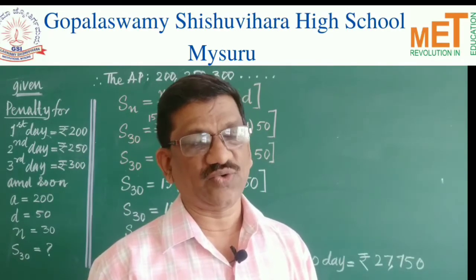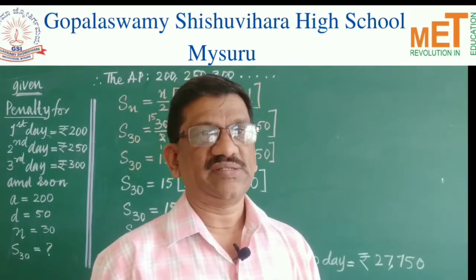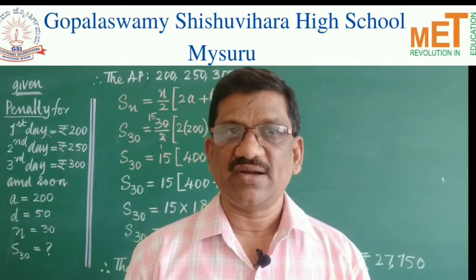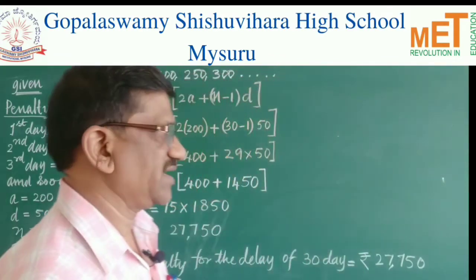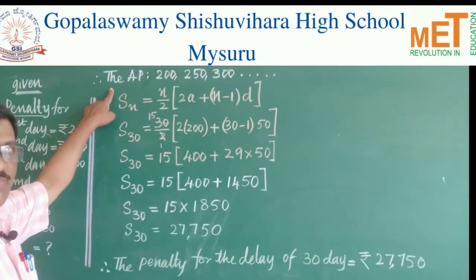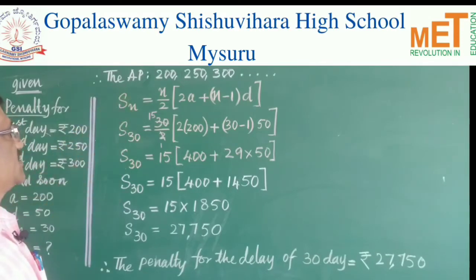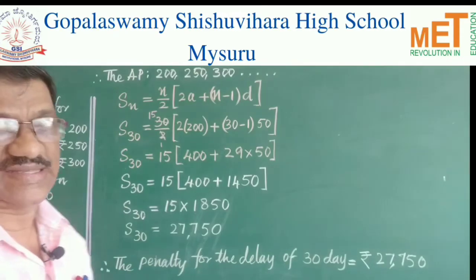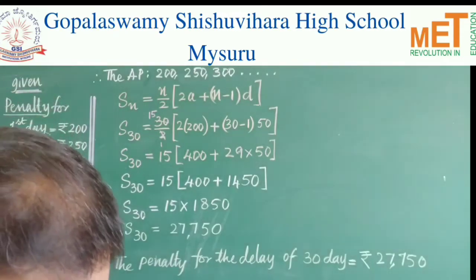The next day it is 250. The second day it is 250, the third day it is 300, like that. So the AP comes like this: 200, 250, 300, etc. Isn't it?